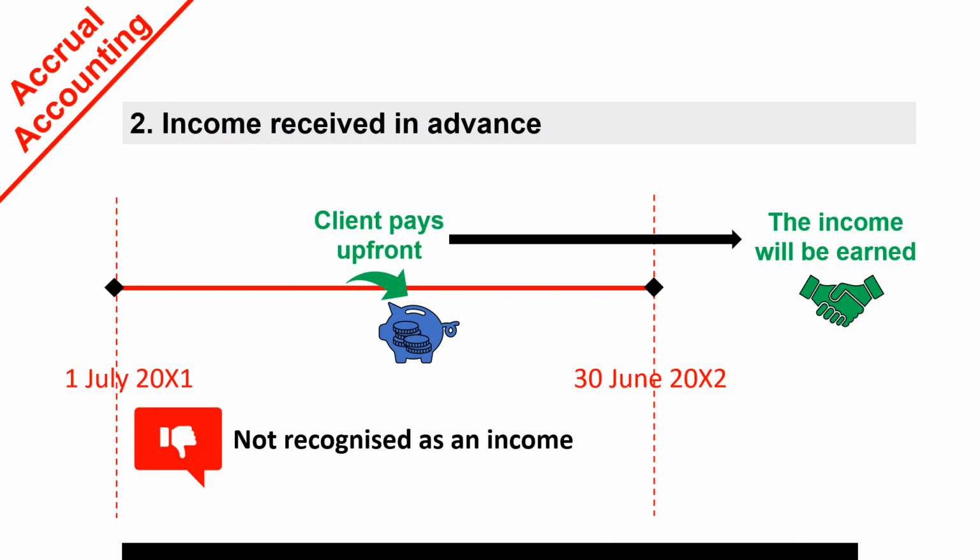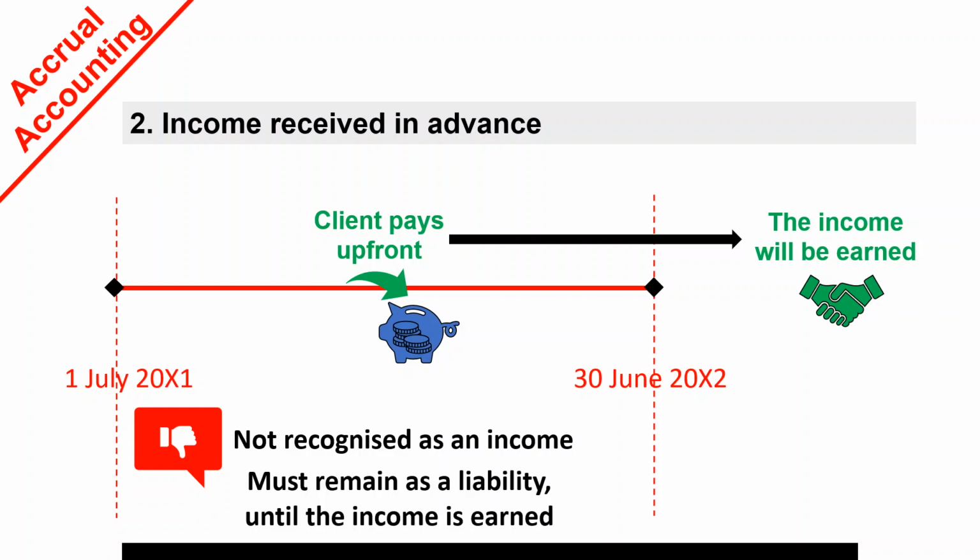The amount received increases the cash account, but this must be treated as a liability until the income is earned, because the entity now has an obligation to provide goods or services in response to the receipt of this upfront payment.